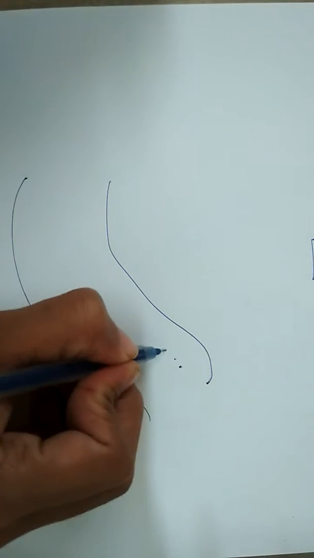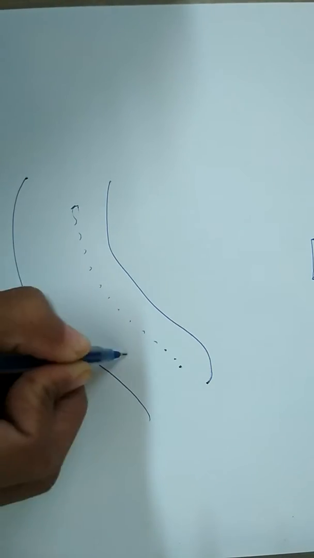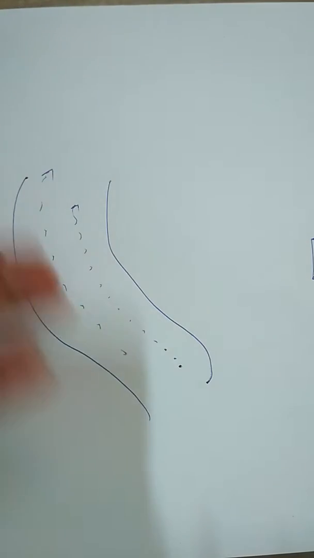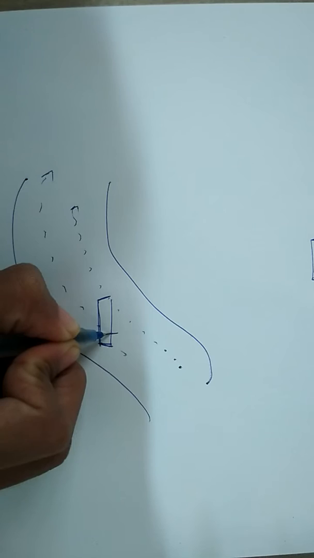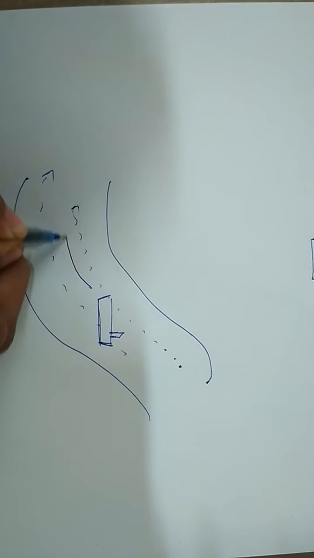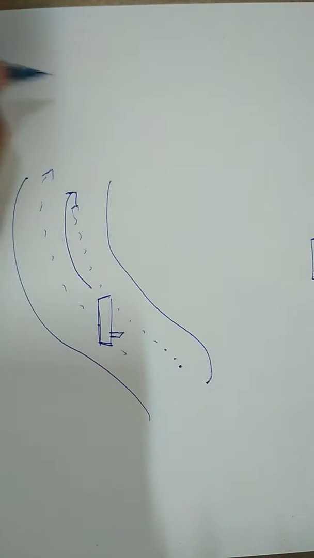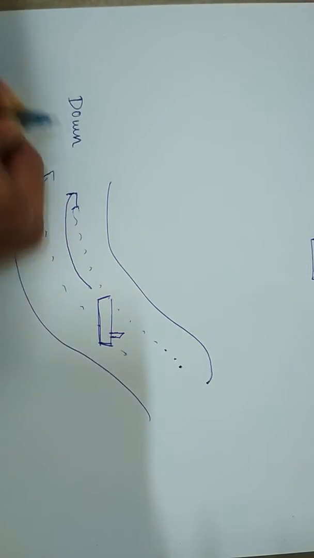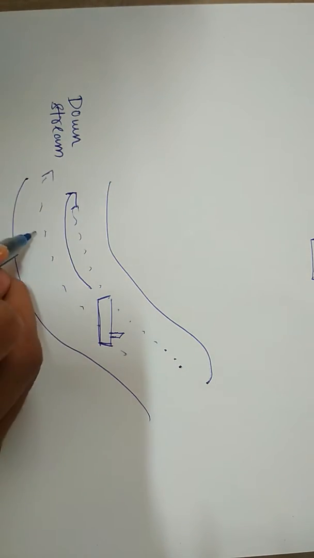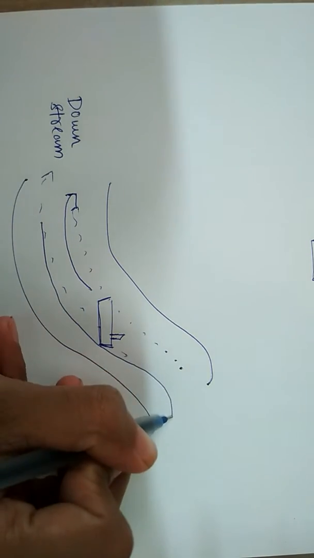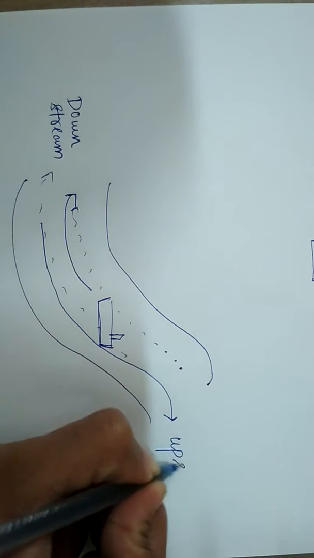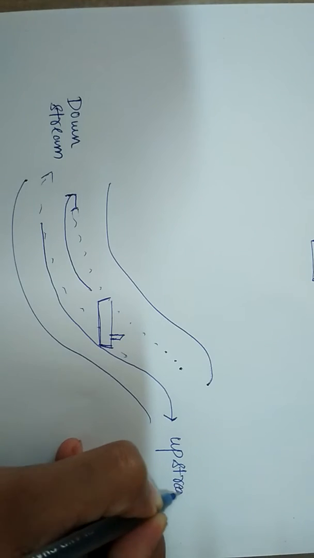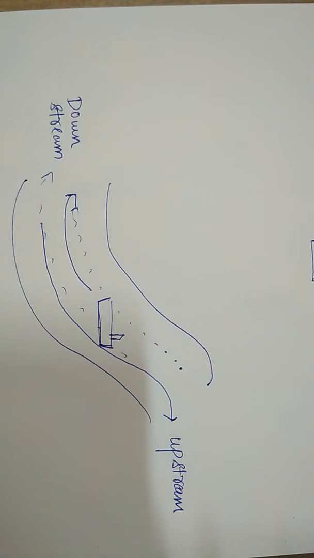Obviously a river would have water and the water would go in this direction with the gravitational force. If we have a boat in this river, it would go in the downward direction, and thus this is called downstream. But if the boat needs to go in the opposite direction of the river which is flowing, the boat would go upstream.